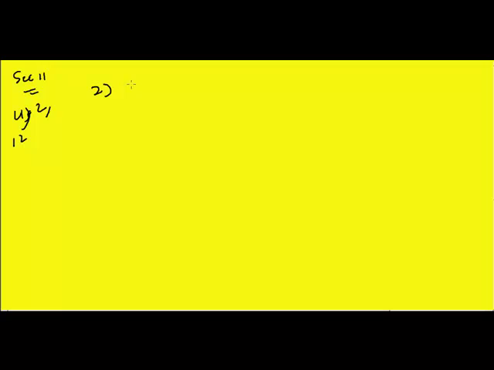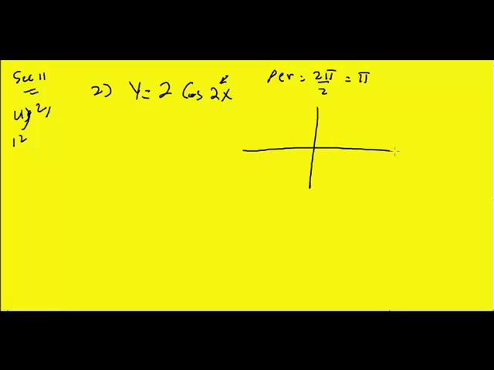Alright, I have y is equal to 2 cosine of 2x. Okay, frequency is 2, so that means my period is going to change. My period is 2 pi divided by 2, which is pi. How hard is this? Graph the cosine. Here we go.